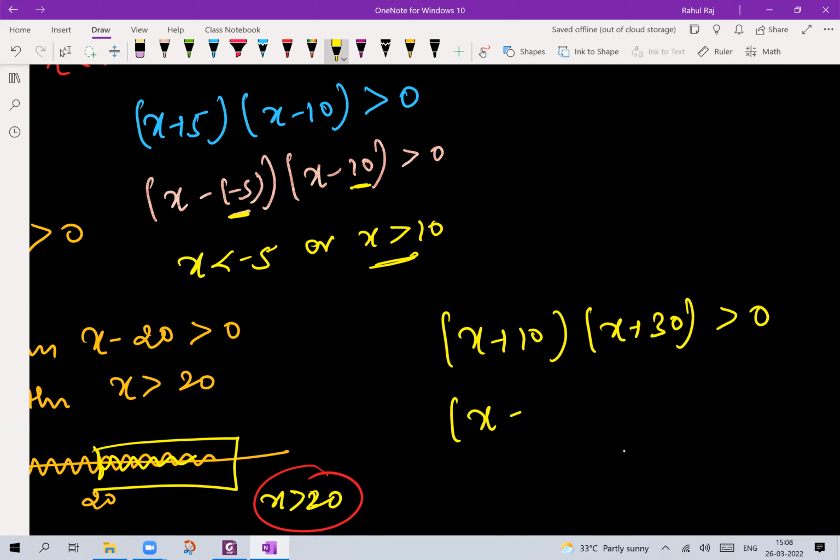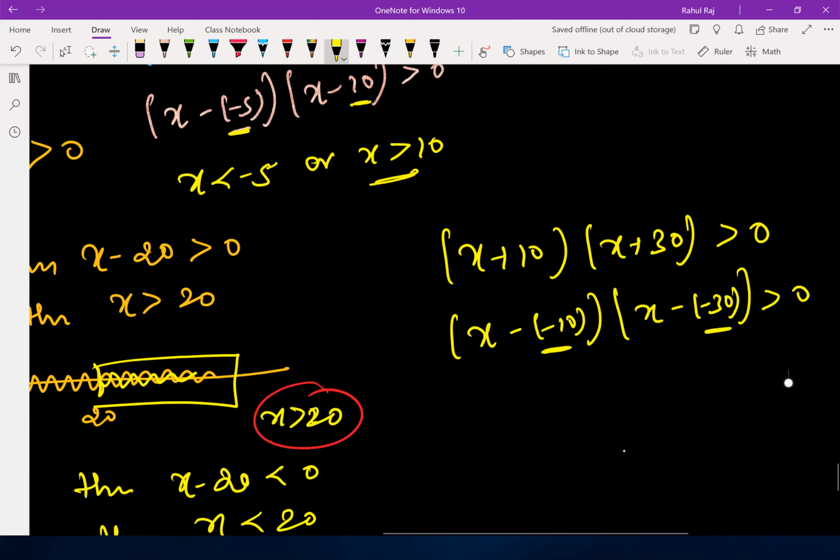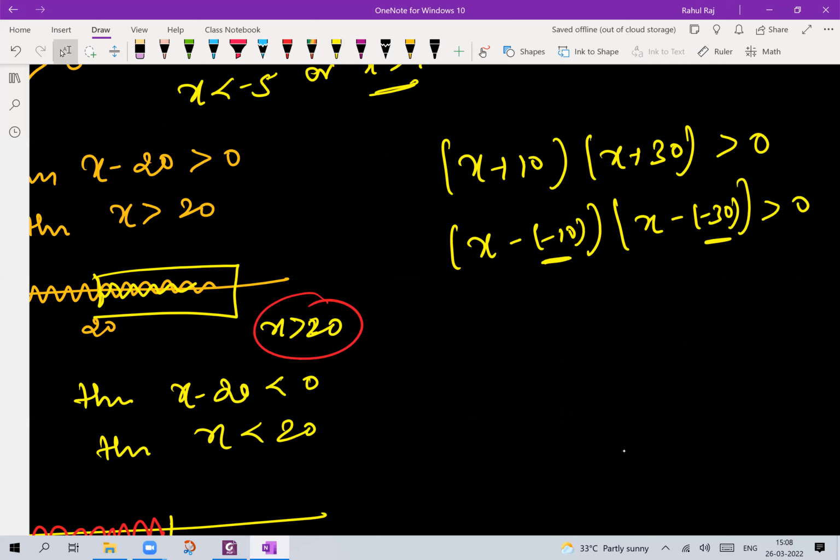You will simply do x minus of minus 10 into x minus of minus 30. Now you say, in minus 10 and minus 30, which is the smaller element? Minus 30, right? On the negative side, the numbers which are heavier are always less. So x is less than negative 30 or x is greater than negative 10. Simple logic.